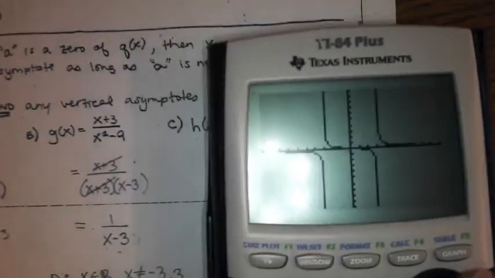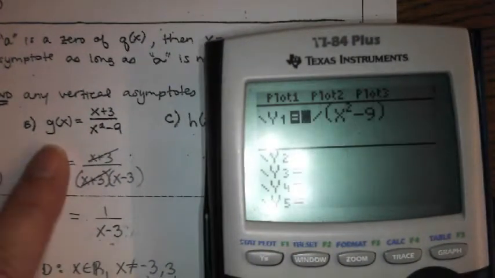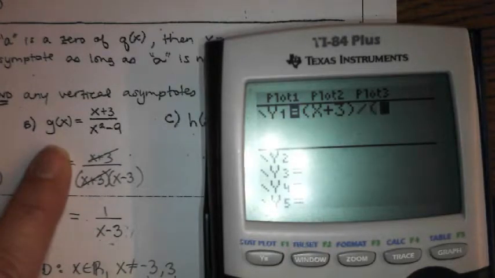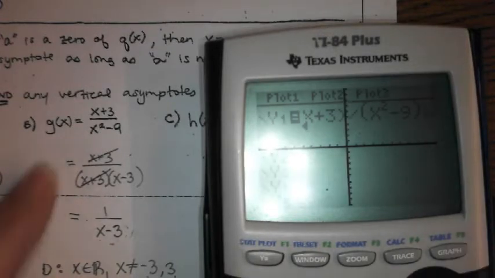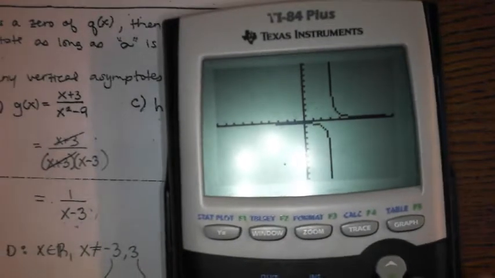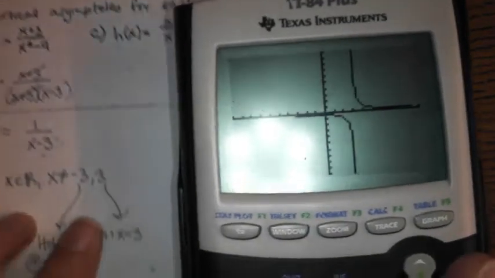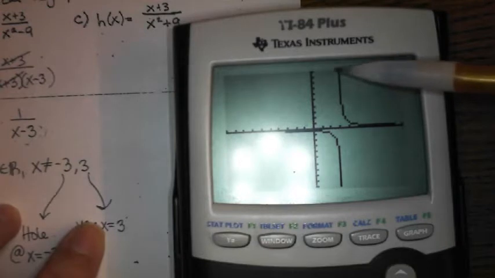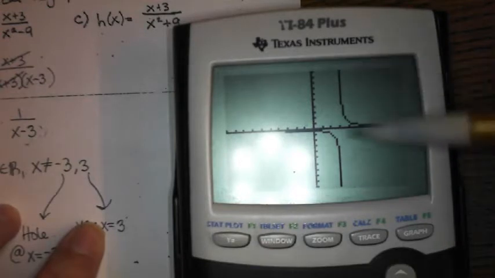So let me show you how that's going to work. If I plug this new function in, now you have to know about the hole because your calculator is not going to show it very well. Okay? So we see our vertical asymptote still at x equals 3. Yes? Okay?